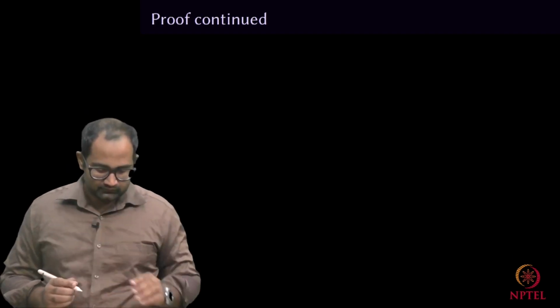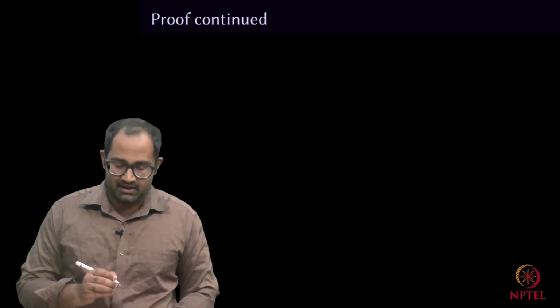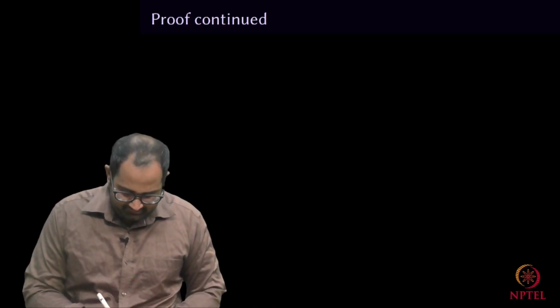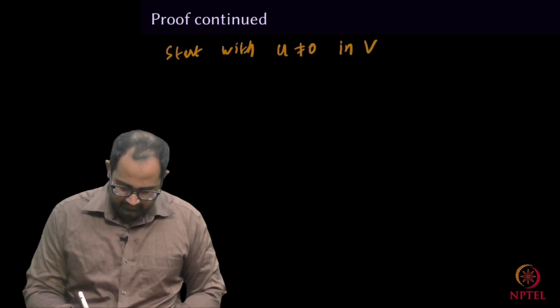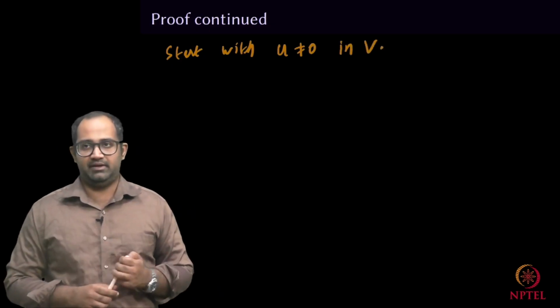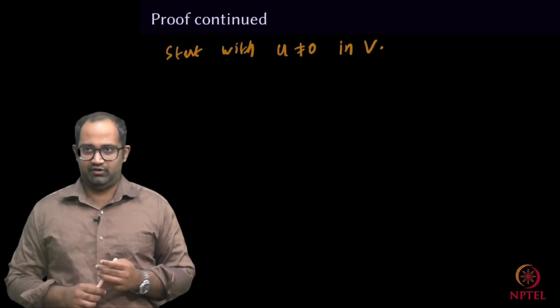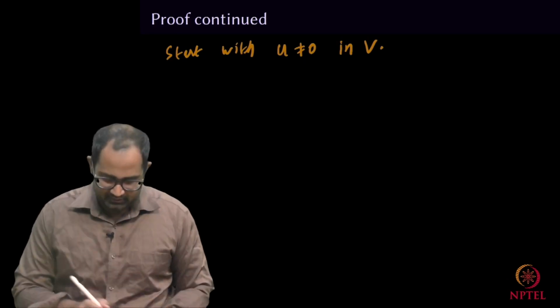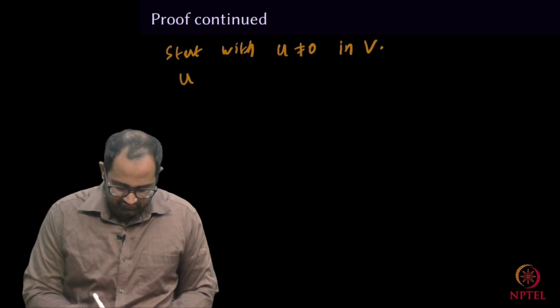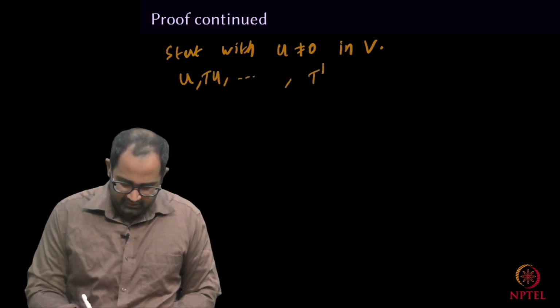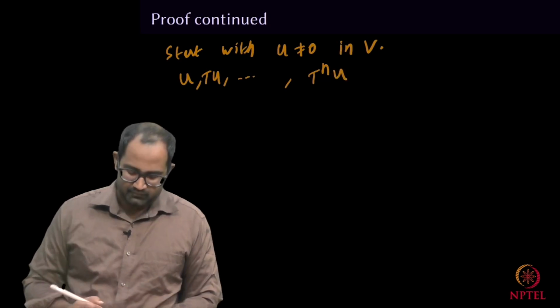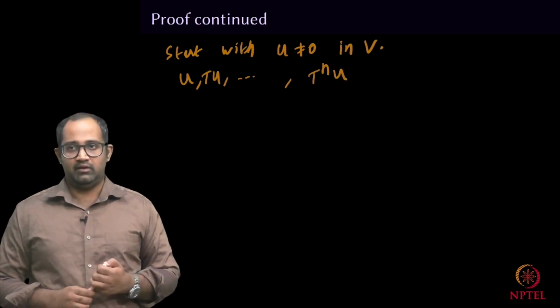Well, I do the same argument, except this time I start with u not equal to 0 in V. Take an element in the vector space V which is not 0. Now you pull the same trick. You consider this list of vectors u, Tu, dot dot dot, T to the n u.